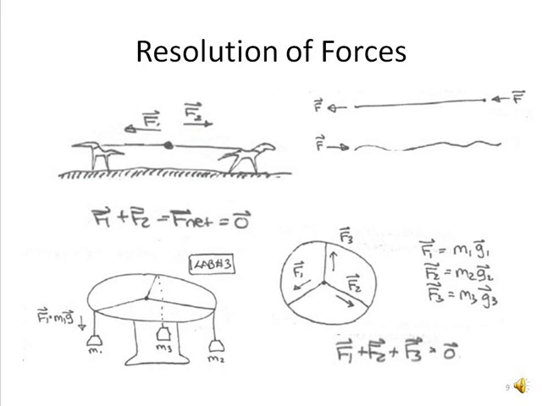Now, forces are vectors, and as vectors we can resolve them into components. We say that an object is in equilibrium if the net force, which is the sum of all forces acting on it, is zero. Picture here these two horses in a tug of war. One exerts a force F1 in one direction, one exerts a force F2 in the other direction.